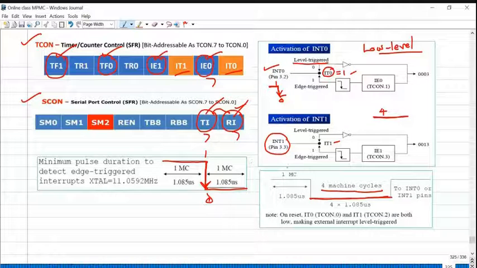So a minimum of 4 into 1.085 microseconds, then it is considered that an interrupt occurs. If we want to make it edge triggering, then IT0 should be 1 for INT0 and IT1 should be 1 for INT1. So this is the overview of the interrupt structure of the 8051 microcontroller.